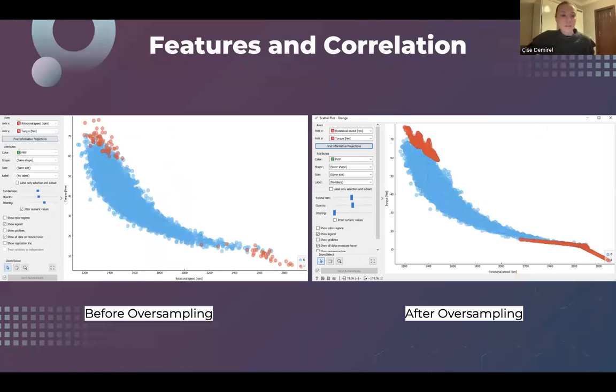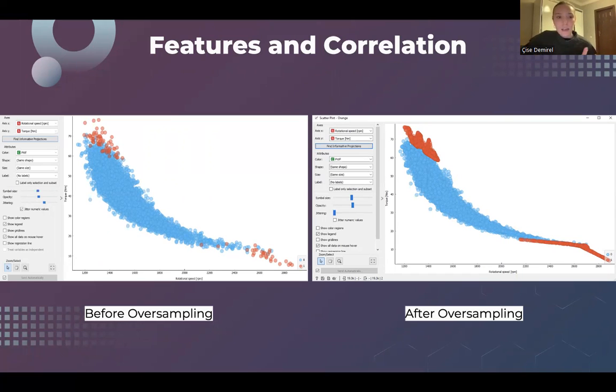Next, please. In order to see the relationship between the features and the target values, we made scatter plot diagrams, and the difference between the left one and the right one is clearly seen. The left one is before oversampling and the right one is after oversampling. The amount of points in the right one is clearly higher, as you can see from the graph.